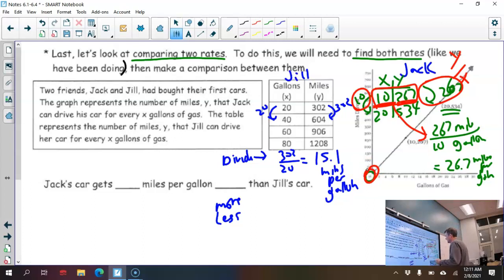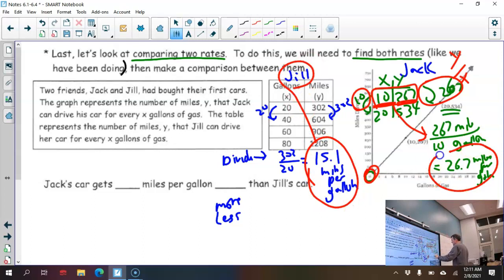Okay, so I'm ready to answer this now. Here is Jill's miles per gallon. Here is Jack's miles per gallon. So it looks like Jack's car gets, let's see, 26.7 minus 15.1. That would be 11.6.